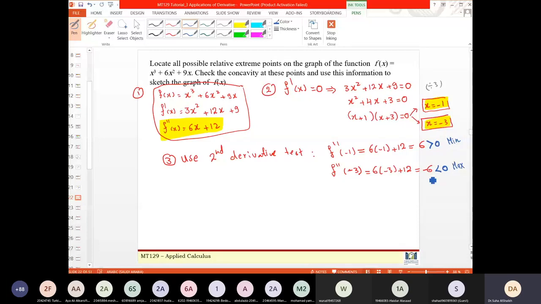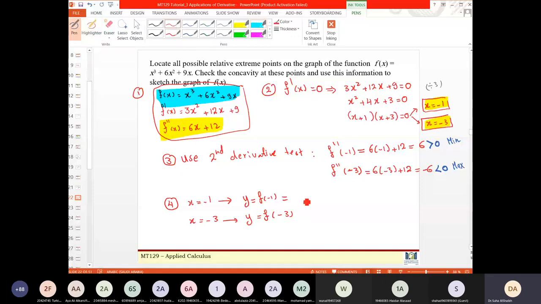Now moreover I need step number 4, the y part. When x is equal to minus 1 I need to find the y, which is f at minus 1. And when x is equal to minus 3 I need to find the y, which is f at minus 3. Where is the f? Here is the f.